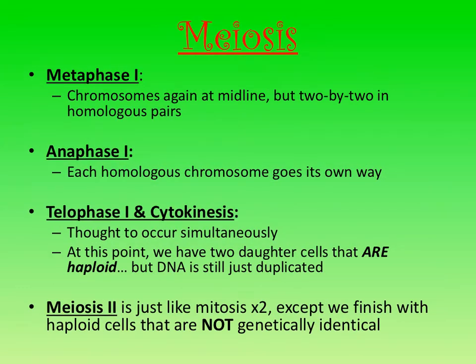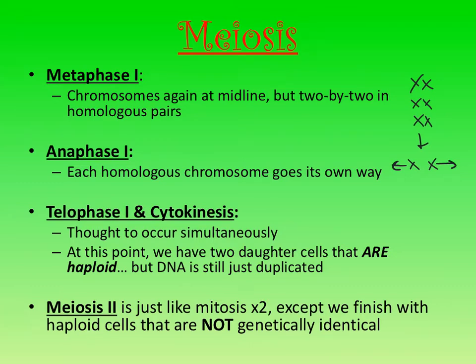Metaphase 1, really similar to mitosis, still the midline. But remember that since we're doing meiosis here, our midline is going to be 2 by 2 homologous pairings of chromosomes. And then at anaphase 1, instead of splitting the X, you're actually just going to send one of those homologous duplicated X's each direction.